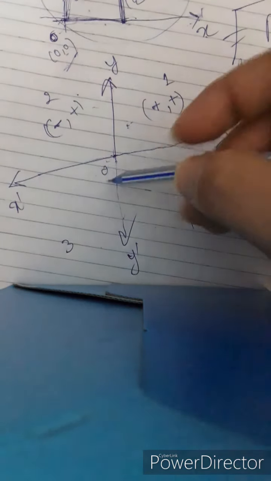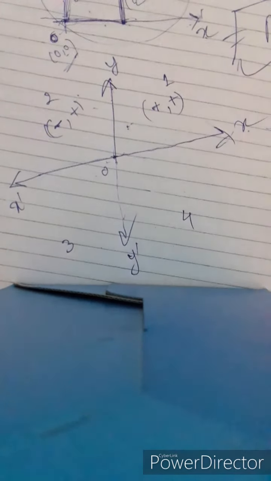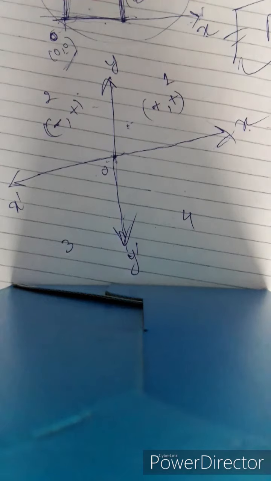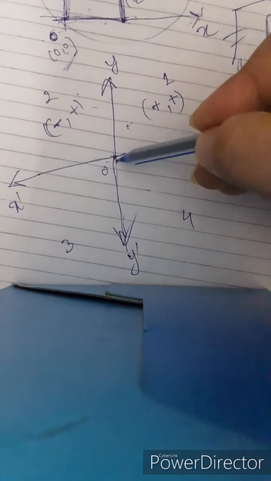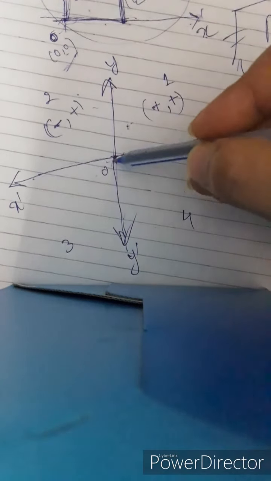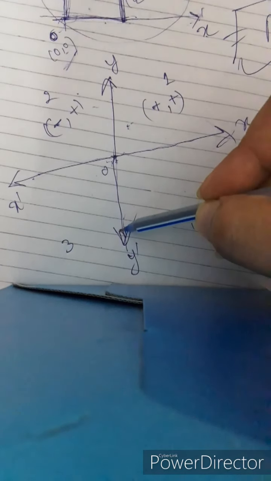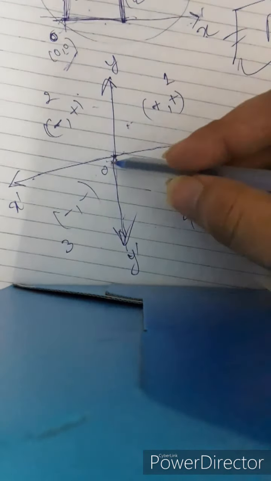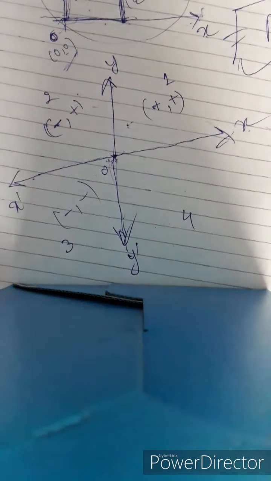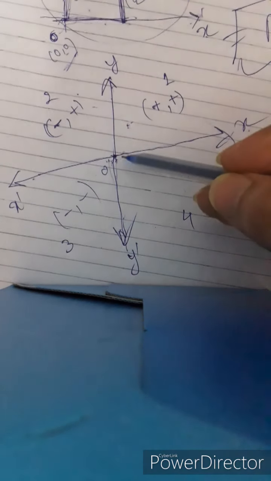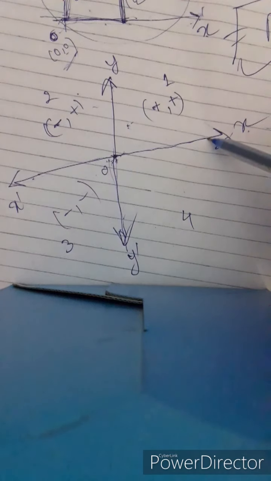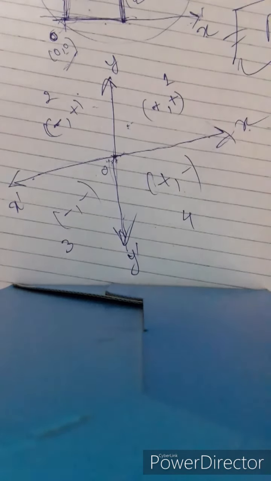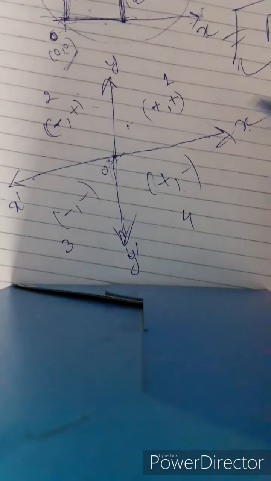Now what is the sign convention for the third quadrant? The abscissa is negative and the ordinate is also negative, so the third quadrant becomes minus minus. And for the fourth quadrant, abscissa becomes positive and ordinate becomes negative, so plus minus. I hope you got this sign convention.